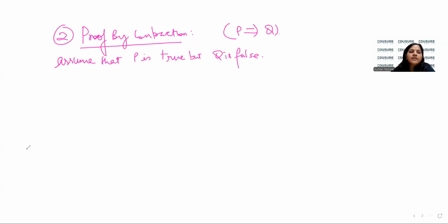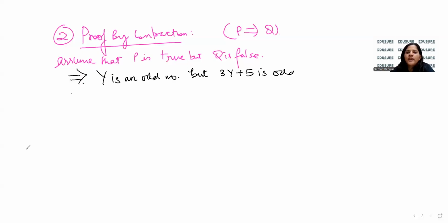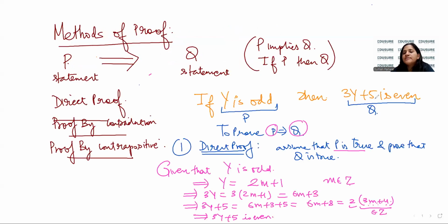Okay. So what does it mean? It means that y is an odd number, but 3y plus 5 is odd. Okay. Because what was your Q? Your Q is that 3y plus 5 is even.